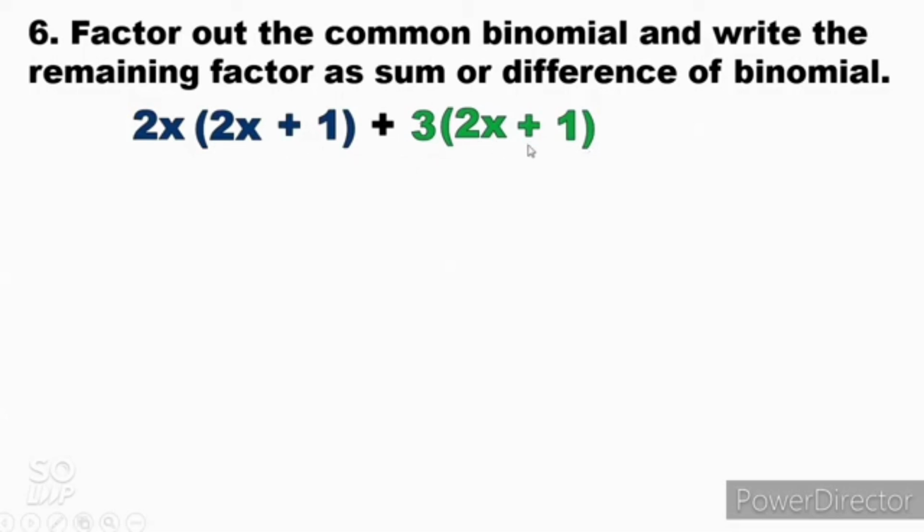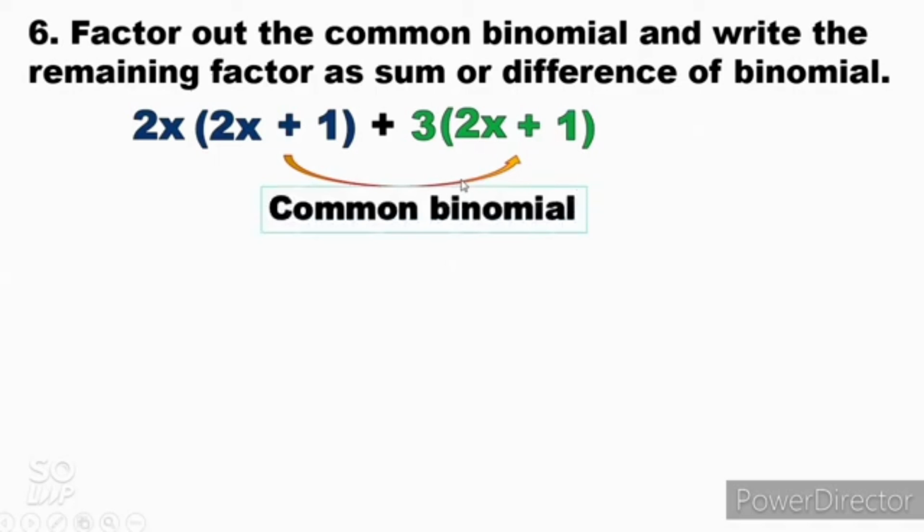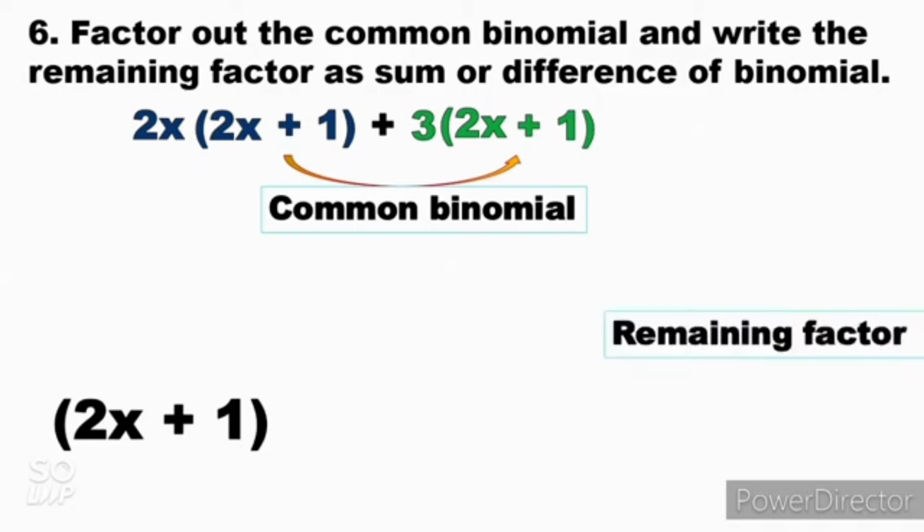Okay, ang gagawin natin dyan is ipa-factor out natin. So, yan yung tinatawag nating common binomial. Okay, so factor out 2x plus 1 and then write the remaining factor. So, ang remaining factor natin is 3 at saka yung 2x.